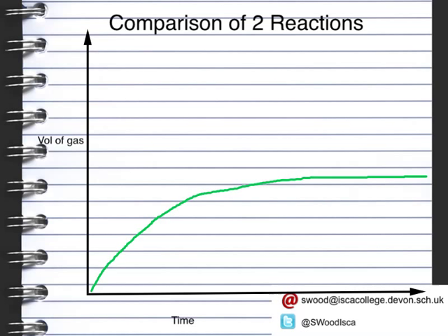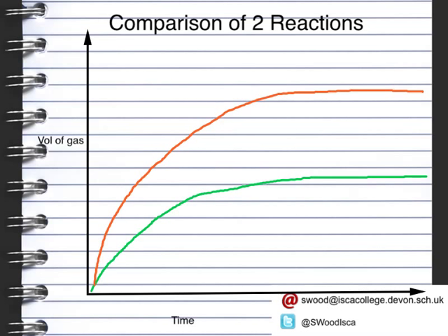Now if we look at a second reaction that we'll do in orange, we can draw the reaction here, and again you can see it starts off fast. In fact, it starts off faster, and then it slows down, and then it comes to a stop.